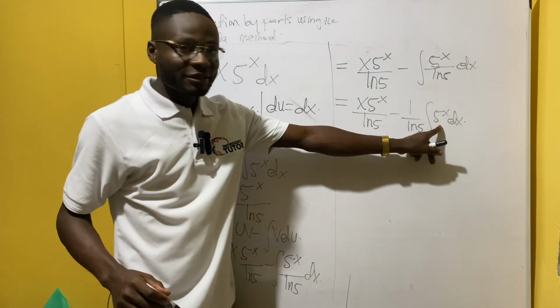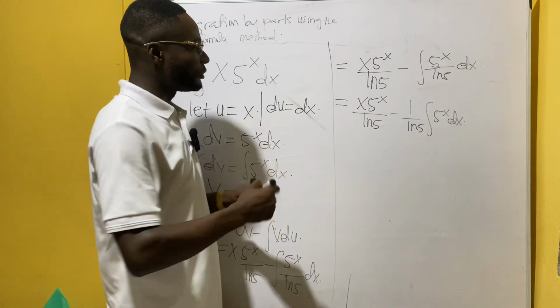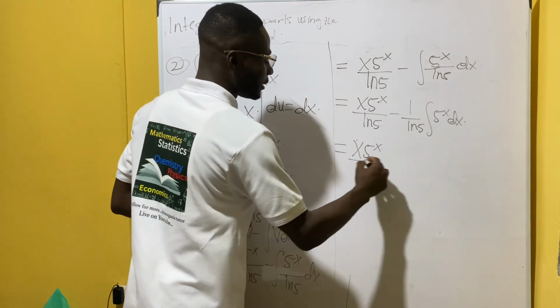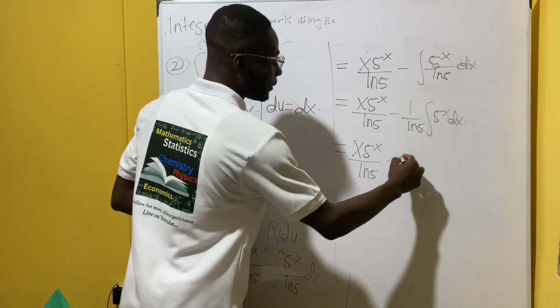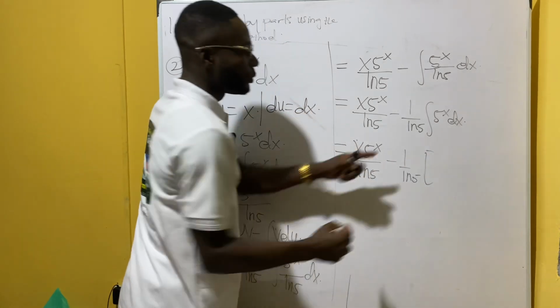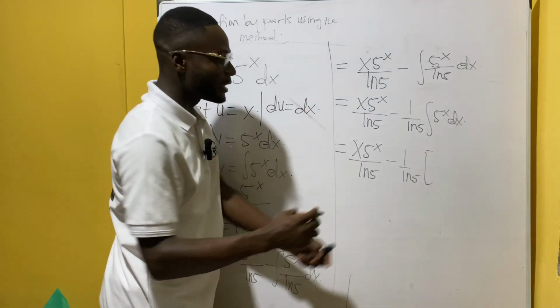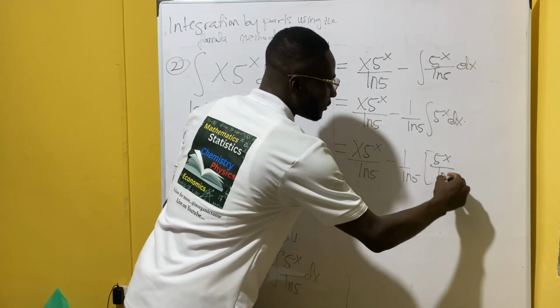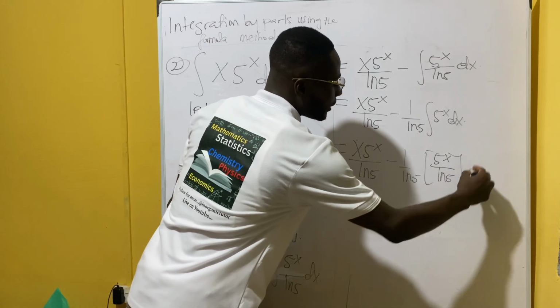Now we can integrate 5 power x dx. So when we do that, we have right here into, when you integrate 5 power x dx, then we have 5 power x over ln 5 plus a constant of integration.